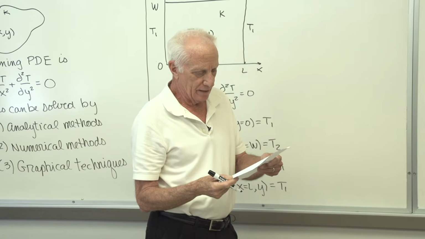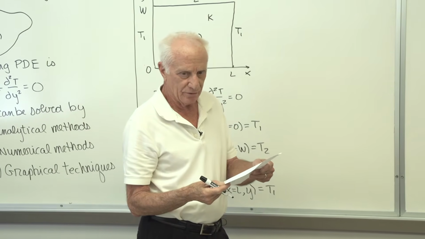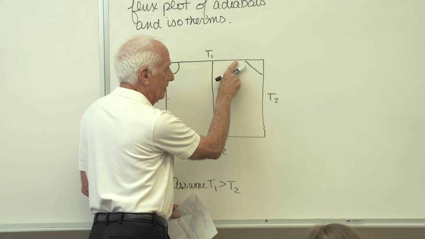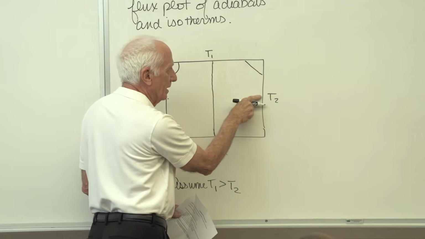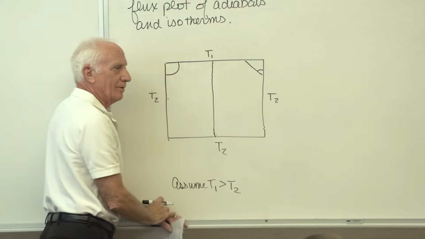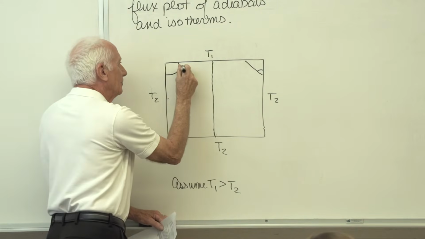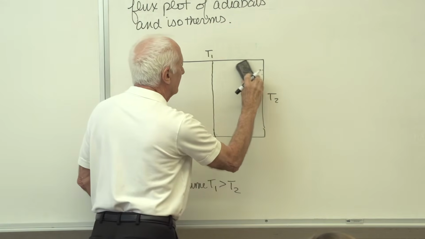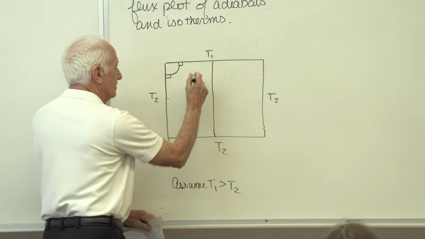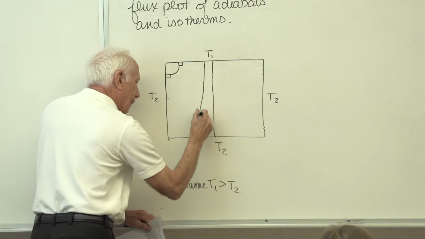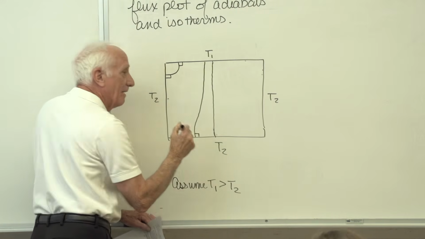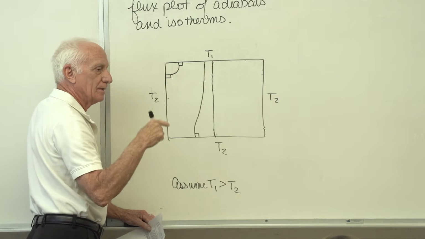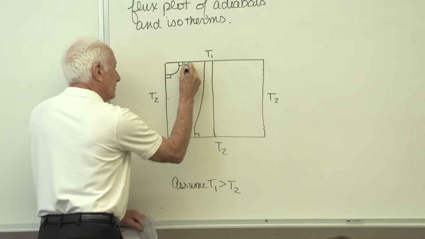Adiabats intersect isothermal boundaries at right angles. That's an adiabat. That's an isotherm boundary. That's not a right angle. No, it doesn't go in like that. It goes in like that around the corner. Get rid of that line. Now, fill in the rest. Comes out, right angle. Every time an adiabat intersects an isothermal boundary, it does so at right angles.